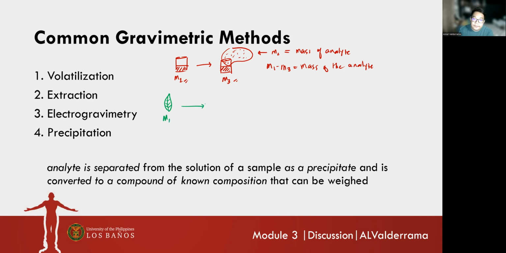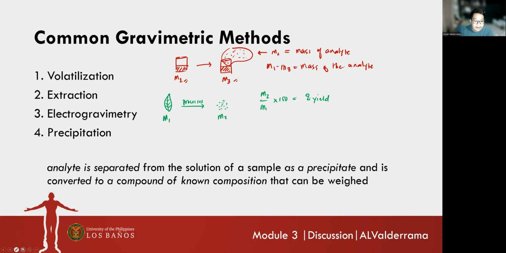After some processes that I will not dwell on, since we are more after the mass of the initial and the final product, you have a mass here. This will serve as your mass 2. To get the amount of analyte from the sample via extraction, we can get the ratio of the two, to get the percent yield or percent extract of your method.